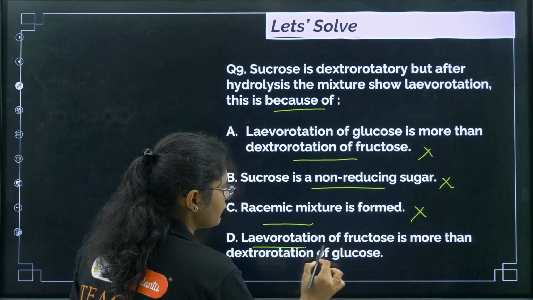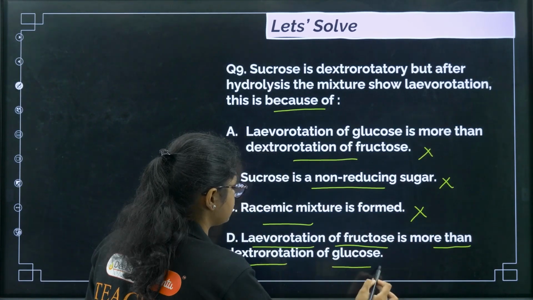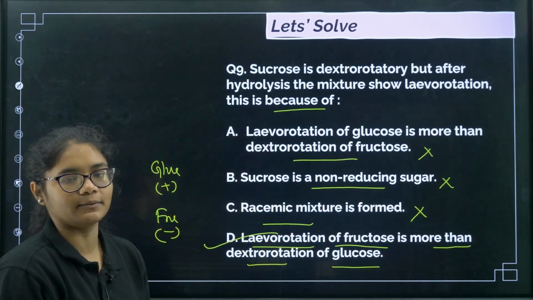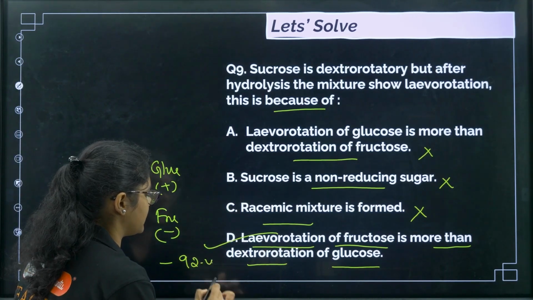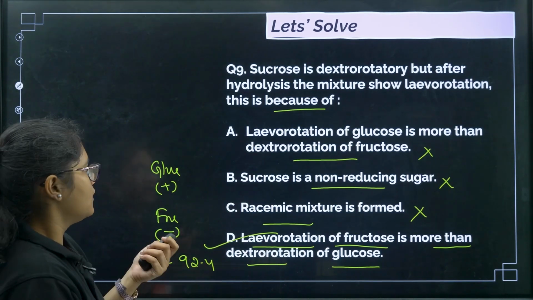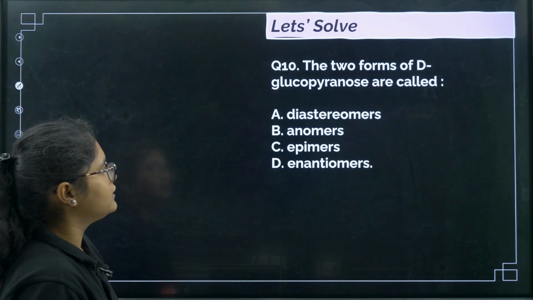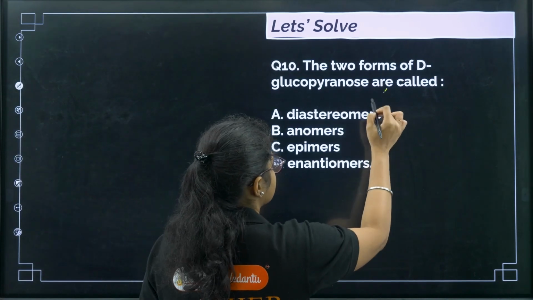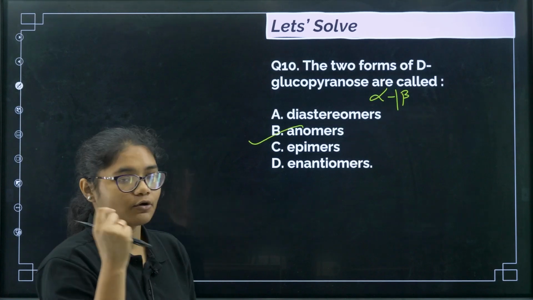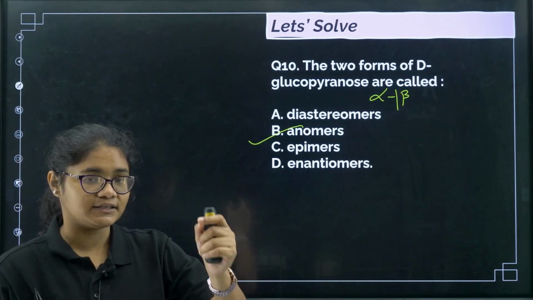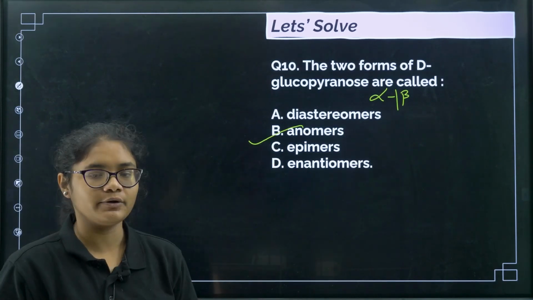The levorotation of fructose is more than the dextrorotation of glucose. That is option D, more by minus 92.4 degrees. Next, the two forms of D-glucopyranose: what is the relation between alpha and beta? The configuration is different only at the C1 position, so they are called anomers.